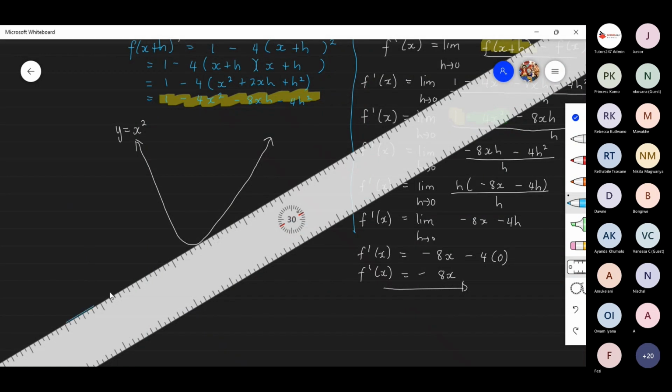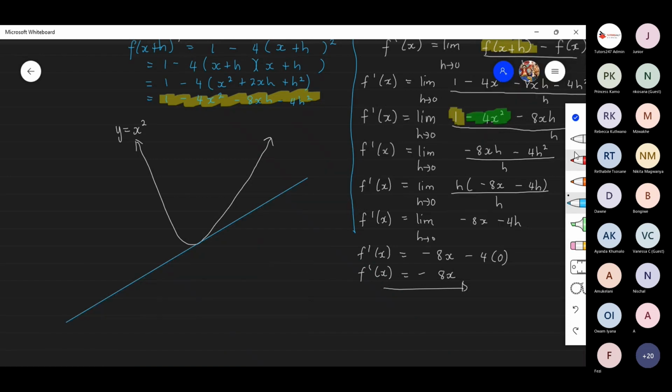So let's say we have this tangent that's cutting our graph at that point. Let's just call it P actually.